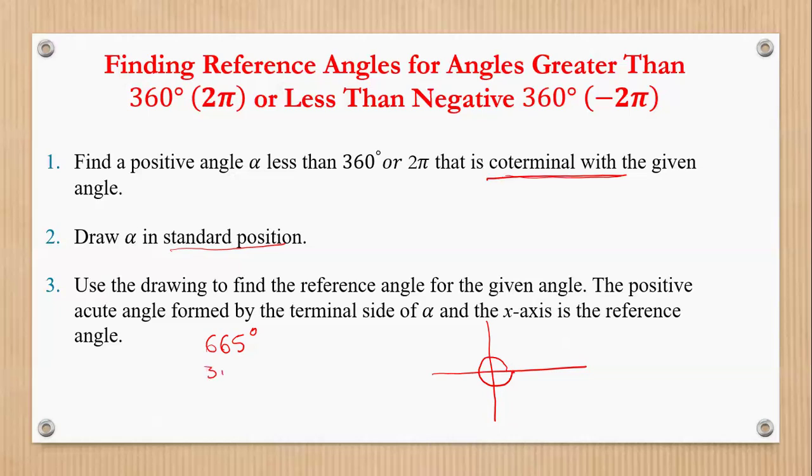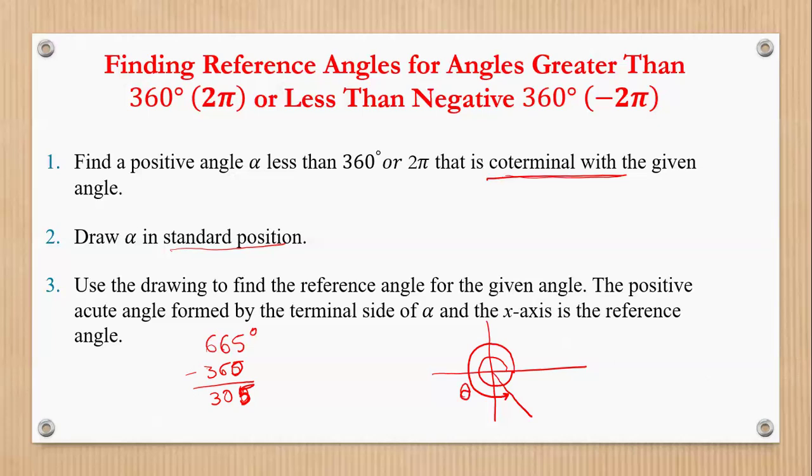If I subtract 360, it tells me how much more than one rotation I need to go, which is 305. So I need to go 305 degrees more, in the second rotation actually. And 305 is somewhere over here. This is my angle.